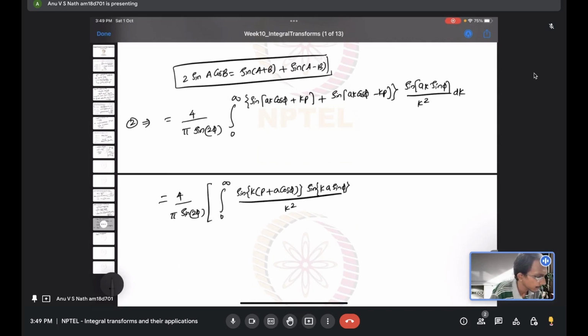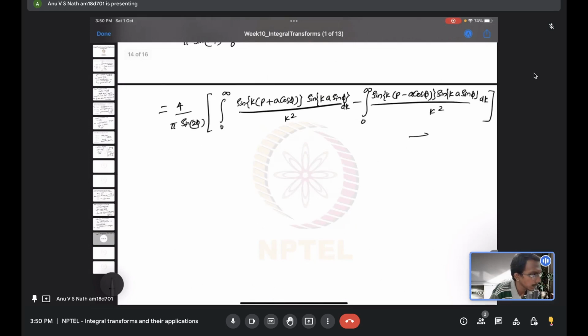Then another integral which is sine of k times p minus a cos phi, with the minus in front, and then again sine of k times a sine phi, dk by k square, 0 to infinity. Let me call this expression 3.